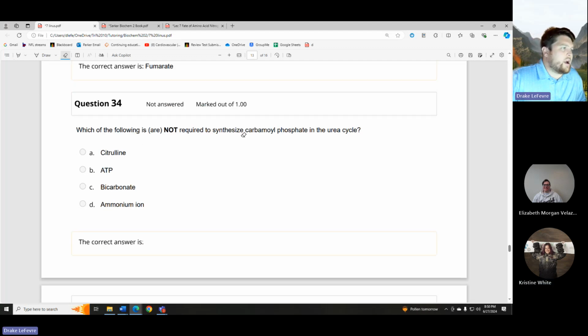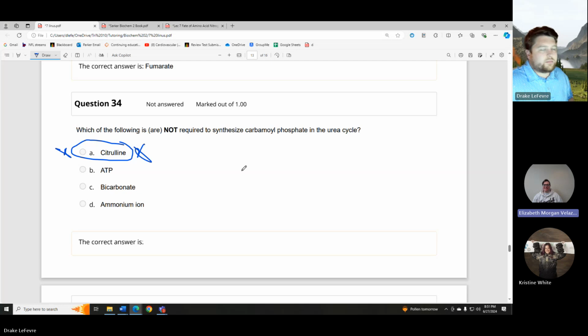Which of the following is/are not required to synthesize carbamoyl phosphate in the urea cycle? The answer to this one is going to be citrulline because this comes after. I was gonna say that, but I talked myself out of it.